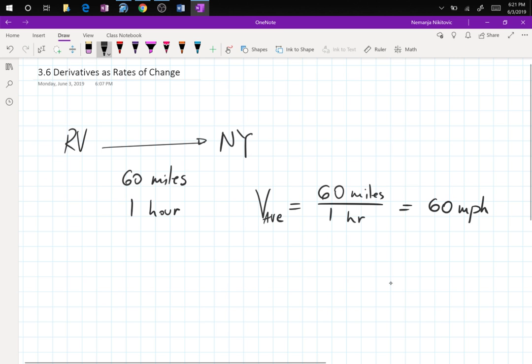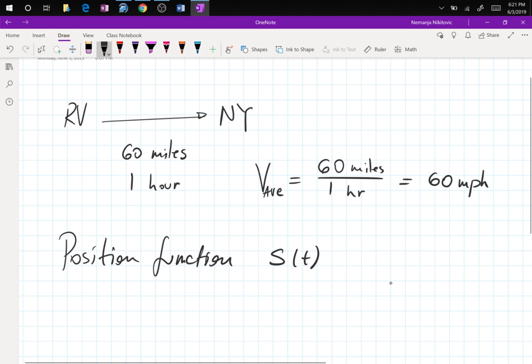So, do we use any derivative here? The answer is no. We don't use any derivative in this calculation. This is the secant calculation, the one that's calculating just the slope of the secant line where you have your position function, position function S of t.